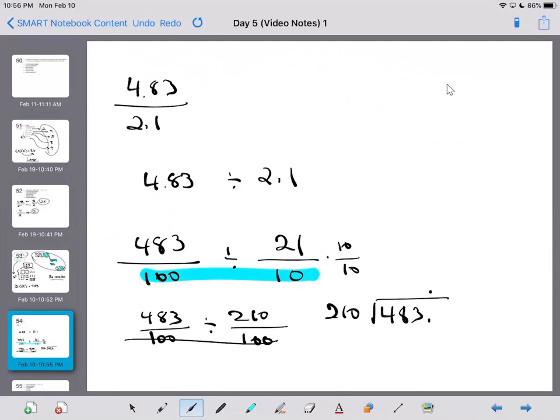And so we want to see, well, that will divide twice. Two groups of 210 would be 420. So that leaves me with 63, and I may have to bring a 0 placeholder there. 210 will divide 63, just not a whole amount of times. It would be 3/10 times, with the remainder of 0.